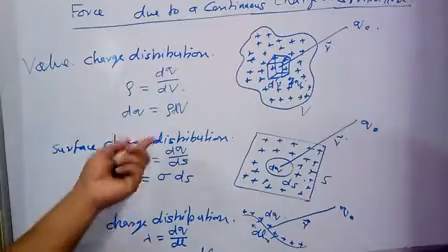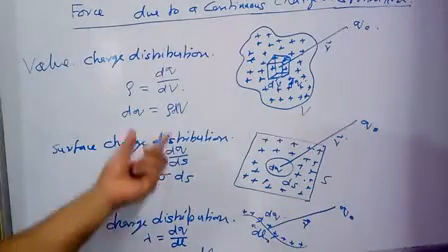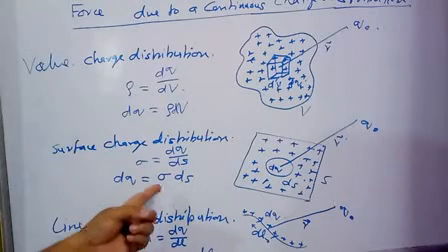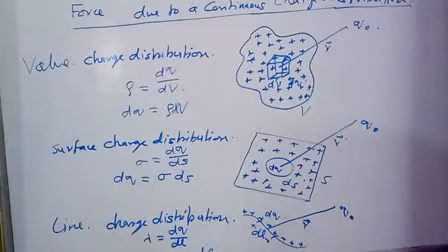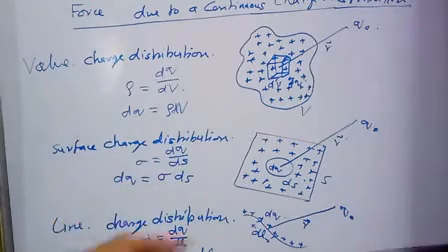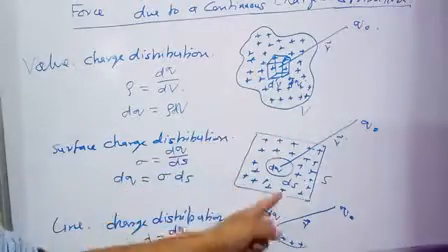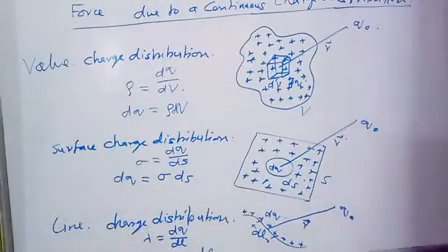So knowing the values of rho, sigma and lambda, the volume charge density, surface charge density and linear charge density, we can calculate the value of the force acting on the given point charge q naught in the presence of these types of continuous charge distributions.